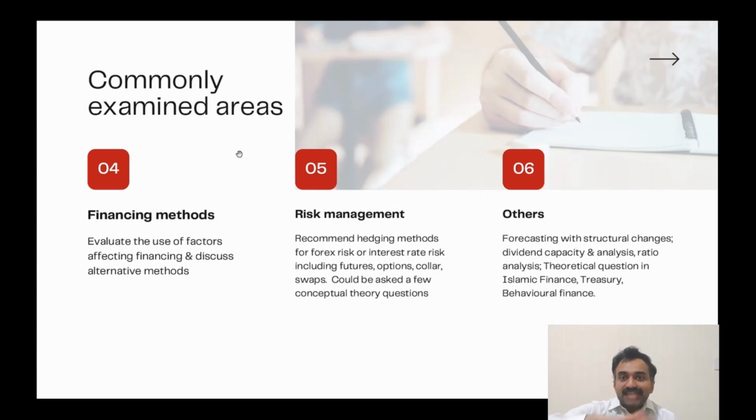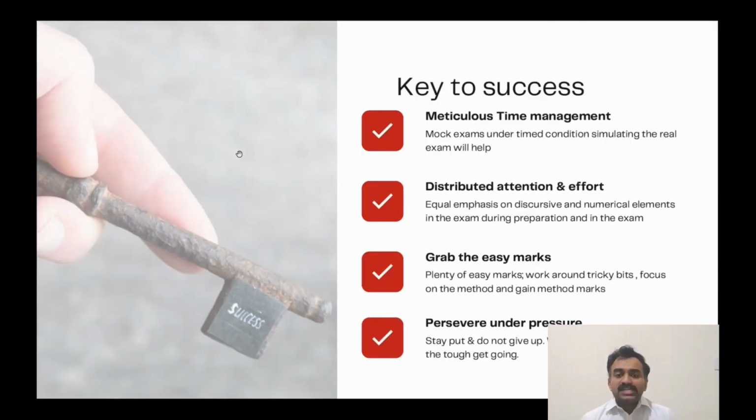And often just having an understanding and then trying to use some of the question info to expand on these points will fetch you really good marks in the exam. So these are some of the key areas that I would strongly advise you to look at through past exam questions.